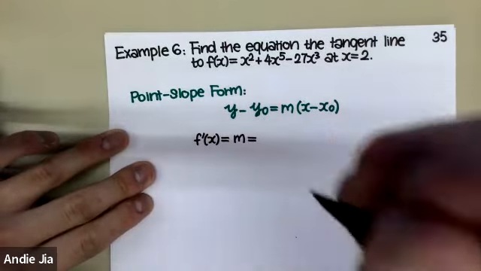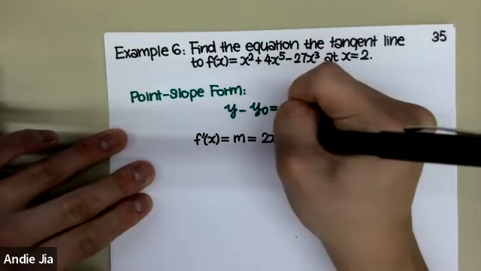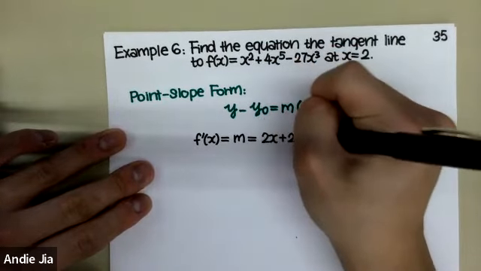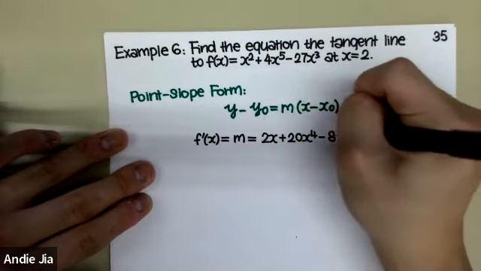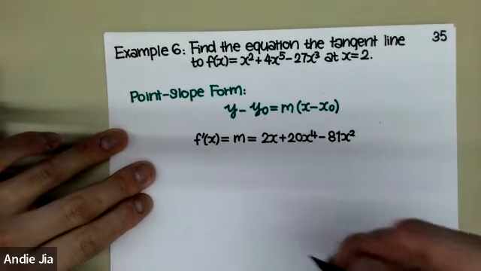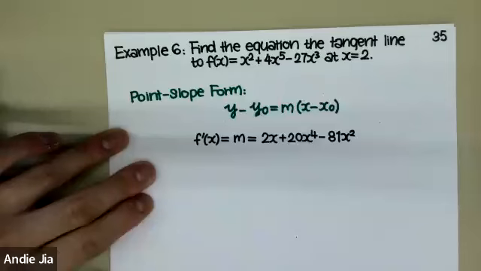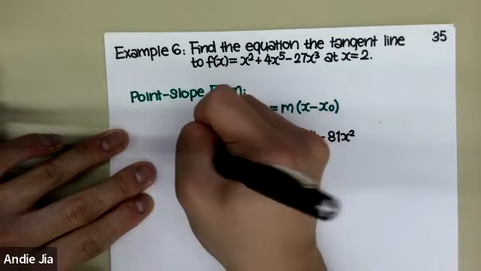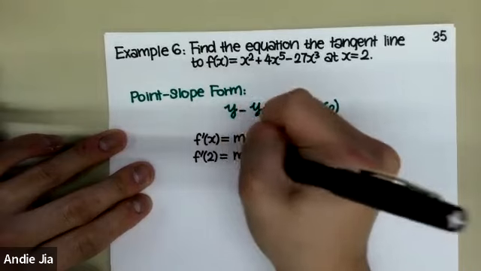Well, it is just 2x plus 20x to the 4th minus 81x squared. Actually, this is just the derivative. F prime of 2 is m.